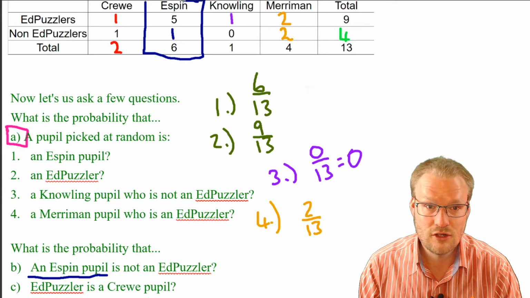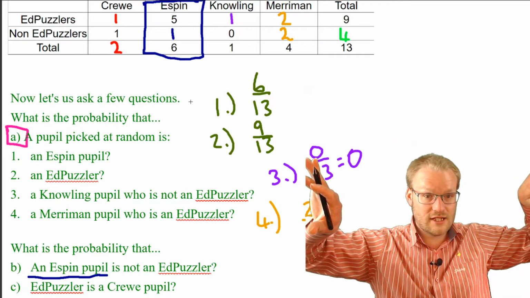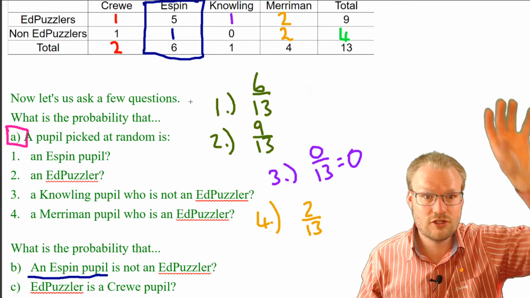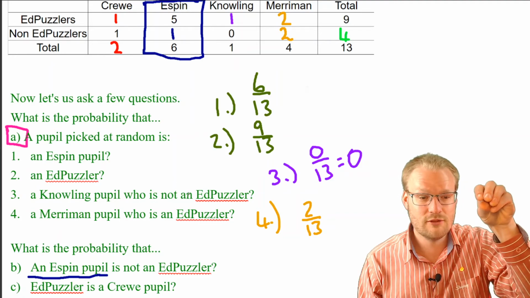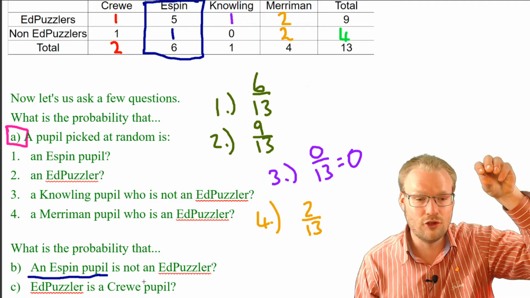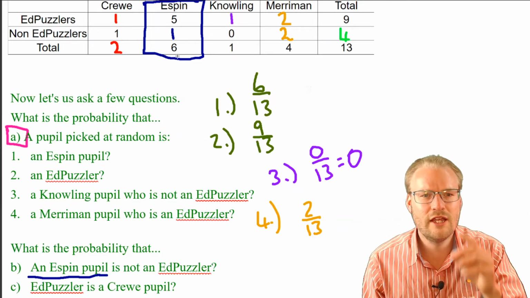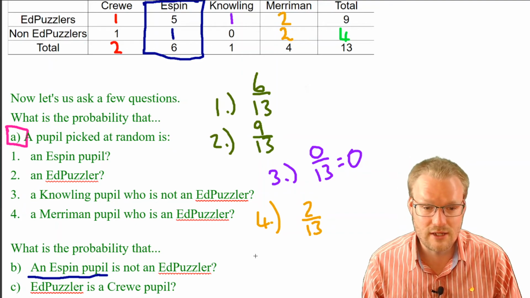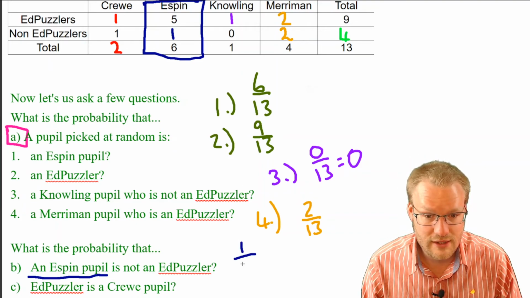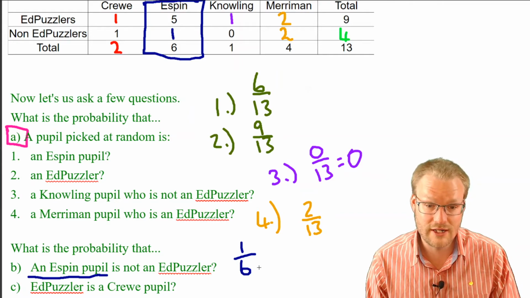Everyone else shifts aside. Of the Espen pupils, only one pupil's not an Ed puzzler, so it's 1 out of 6. There are only 6 Espenites, and 1 is not an Ed puzzler.